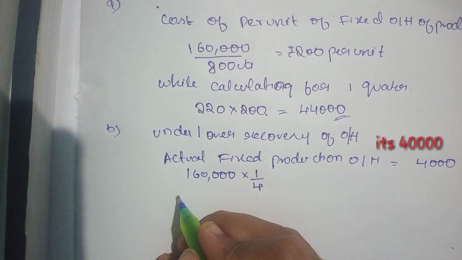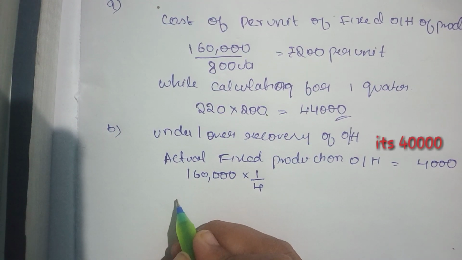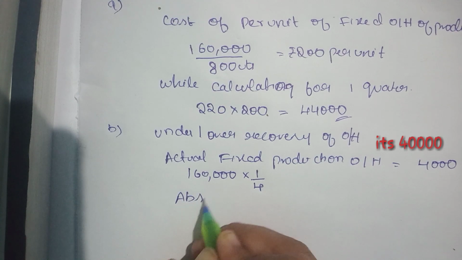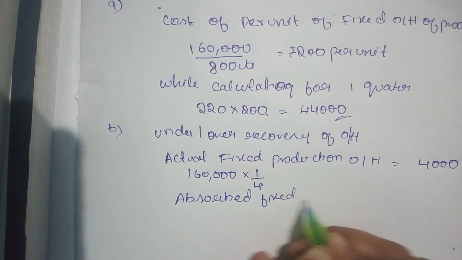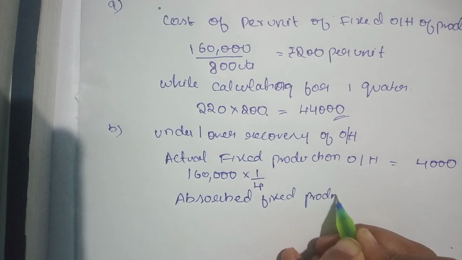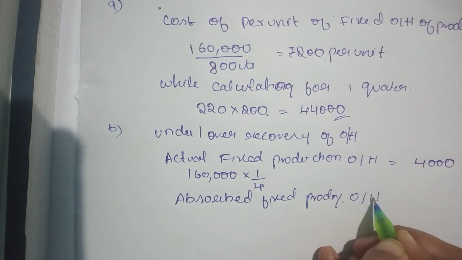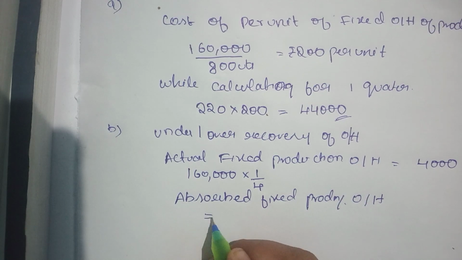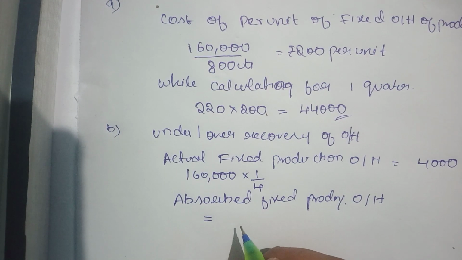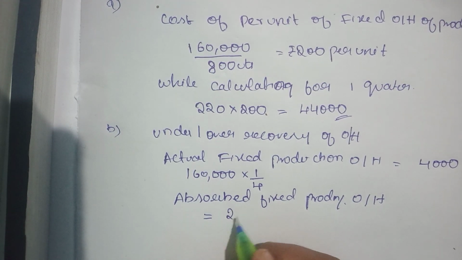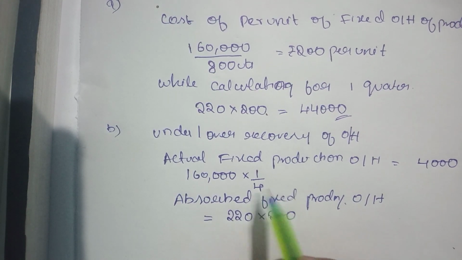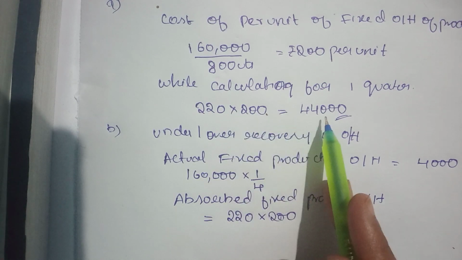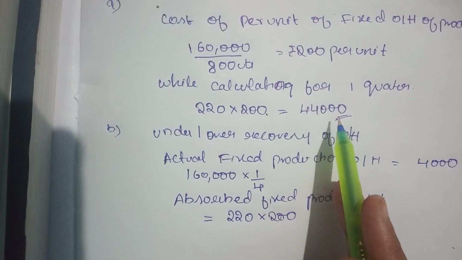Now how much is actually absorbed. Absorbed fixed production overhead is equal to, this is for 220 units now, 220 into 200, that is exactly what we have calculated here, 44,000 for 1 quarter.